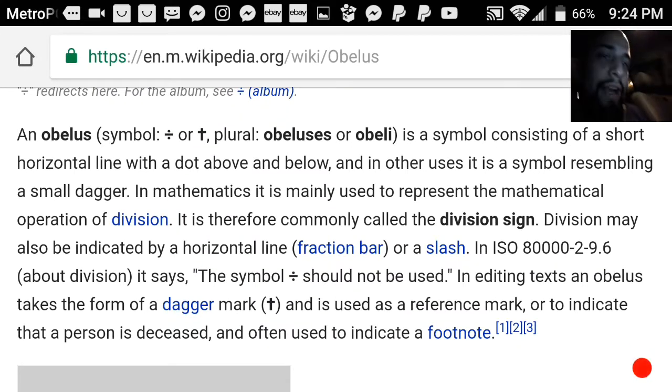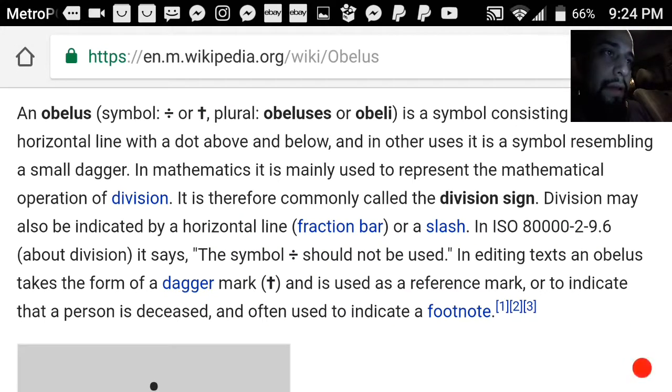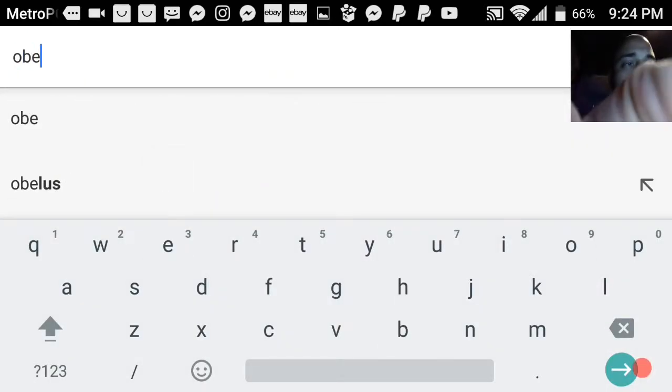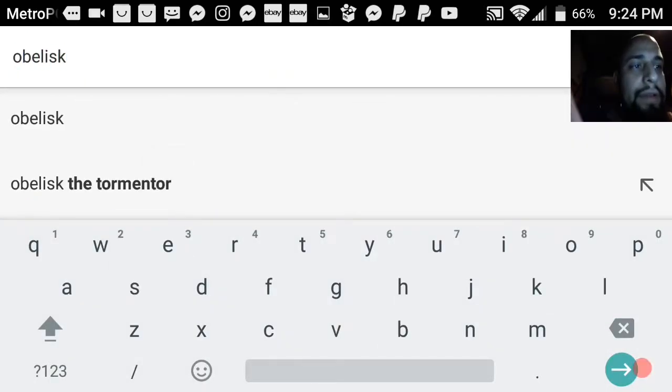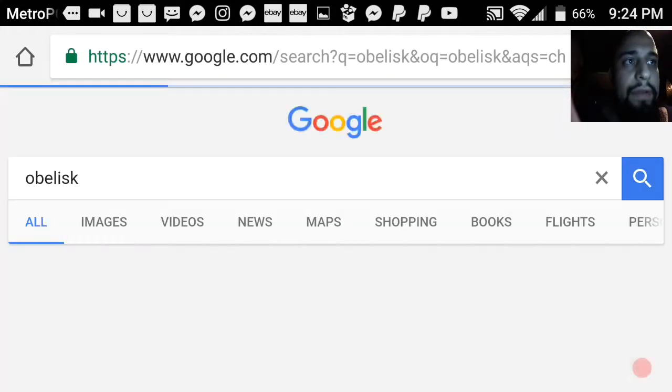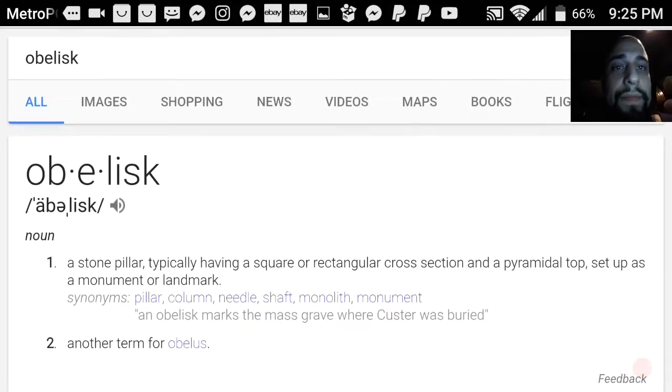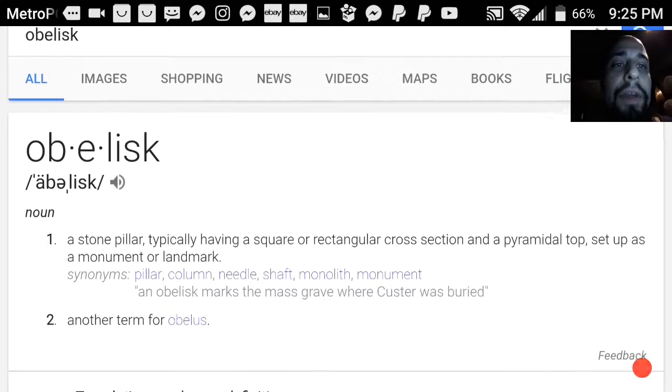So you see that little dagger mark? Obelisk. Obelisk, from the word obelus, is a stone pillar typically having a square or rectangle cross-section and a pyramid top, set as a monument or landmark.